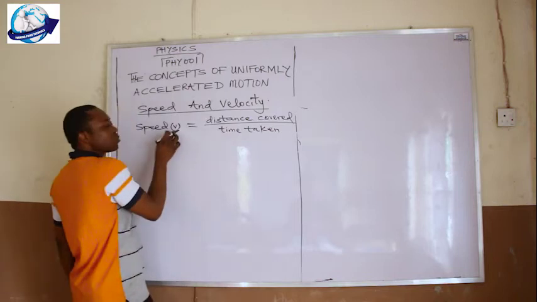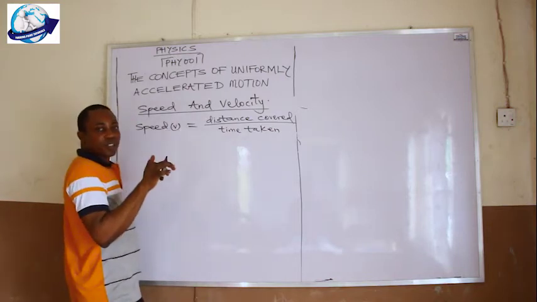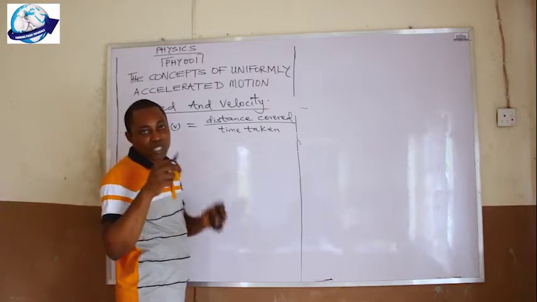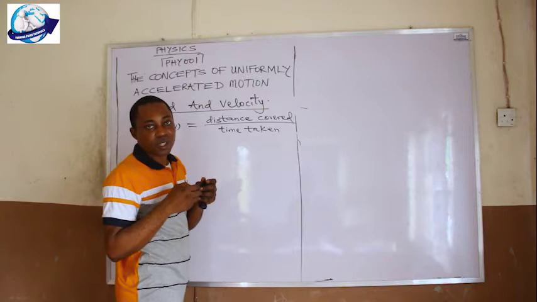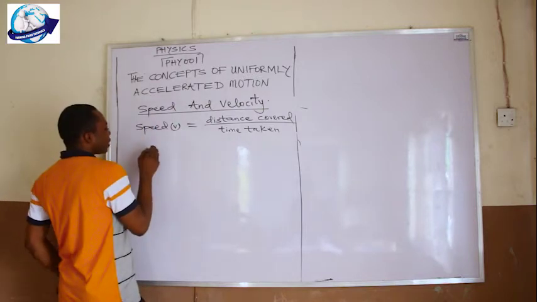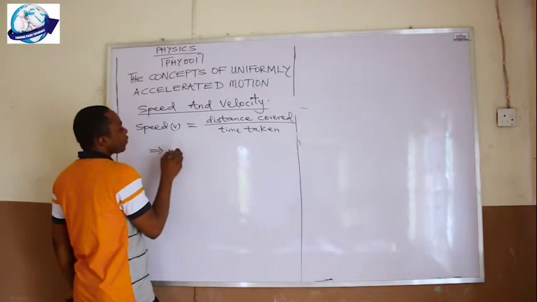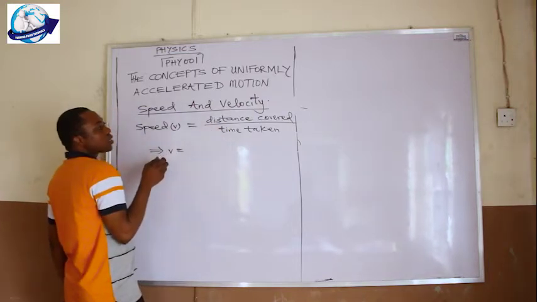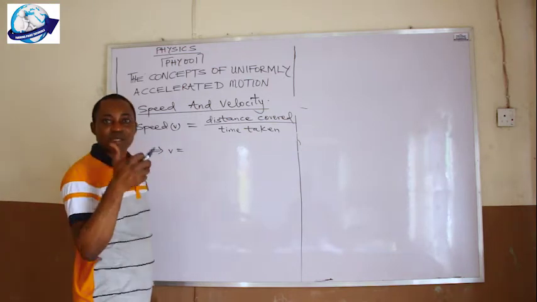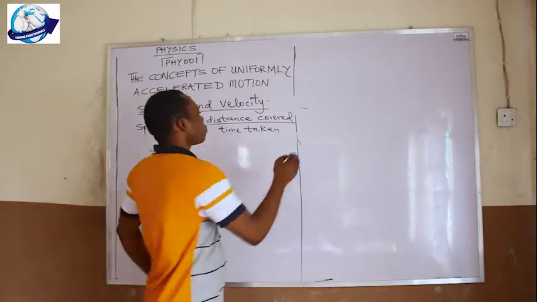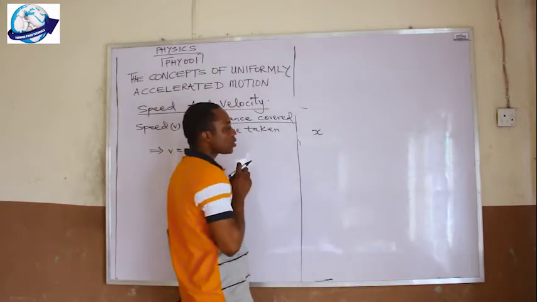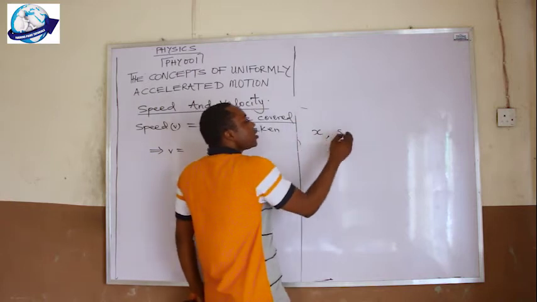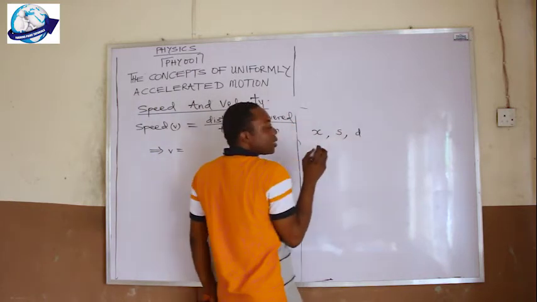Remember, we use small letter v to denote speed. We also use small letter v to represent velocity. What do we use to denote distance? We can use small letter x, s, d, or even y to represent distance.